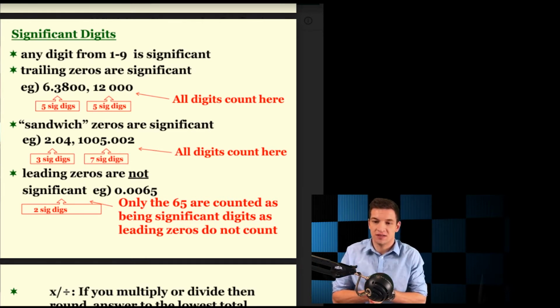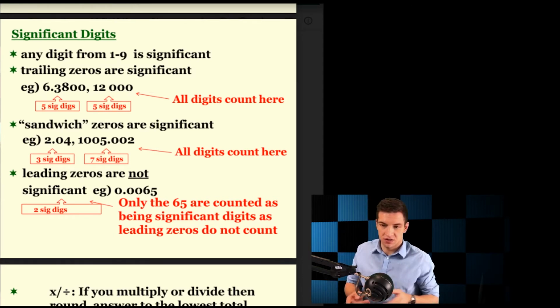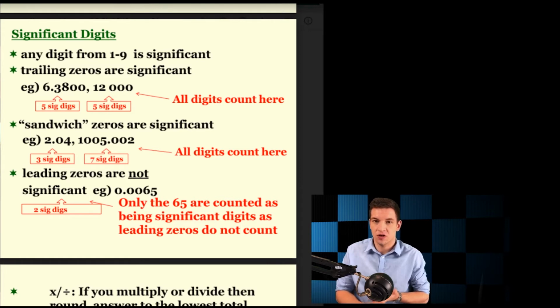The next one is 1005.002. All digits count here too. Why? Well, let's take a look at it. Any digit from 1 to 9 is significant. So the 1, the 5, and the 2 are significant. There are no trailing zeros. But the sandwich zeros are also significant. So the zeros between the 1 and the 5 are significant, and the zeros between the decimal and the 2 are also significant. So all 7 digits here are significant.